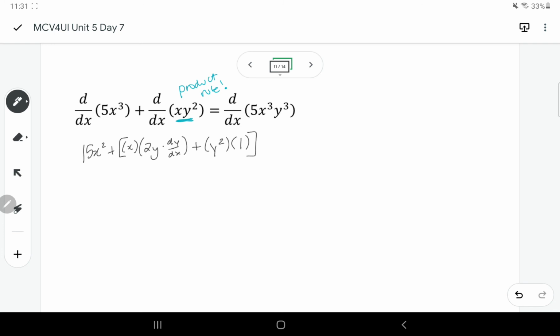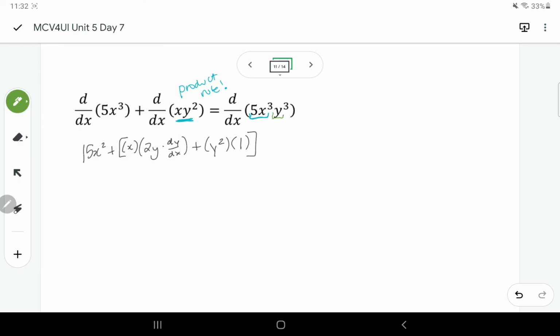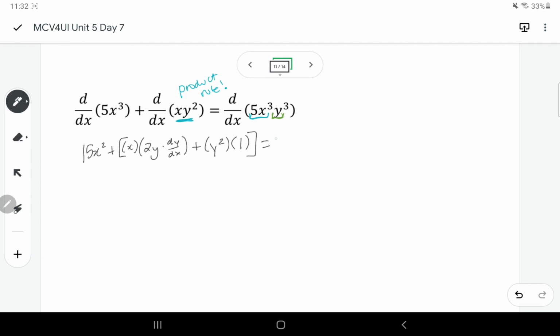So you could have to do product rule or quotient rule in conjunction with this implicit differentiation. And if I look on the other side of the equal sign, I have something really similar. I'm going to group the 5x cubed as one piece, the first factor, and then the y cubed as the second factor. So here again, I've got the first thing, so 5x cubed times the derivative of the second, which is 3y squared, but now I have to do the derivative of the inside stuff, so dy dx.